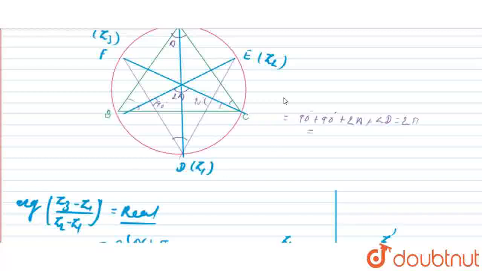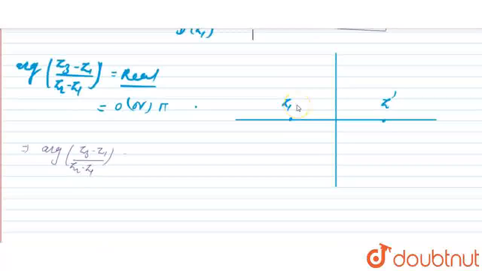We can write here pi plus 2A plus angle D equals 2 pi. Now I can write from here angle D will be equal to pi minus 2A. So from here we can find that this will be pi minus 2A.